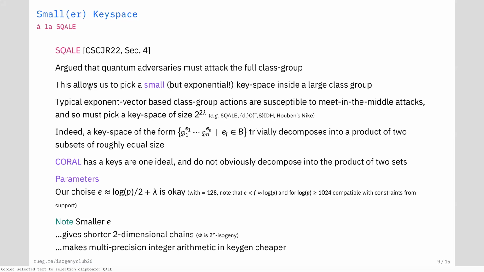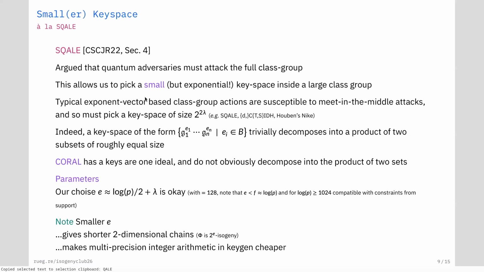If we just quickly remember, the quantum attack coming from Kuperberg's algorithm is sub-exponential, and it has to attack the full class group. So we need to make sure that the full class group is very big. But classical attacks, which can attack just the key space, just require that the key space be exponentially large. This is an important takeaway from the SCALE paper, and they use this to implement a much more efficient variant of CSIDH.